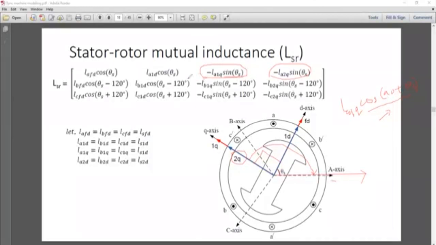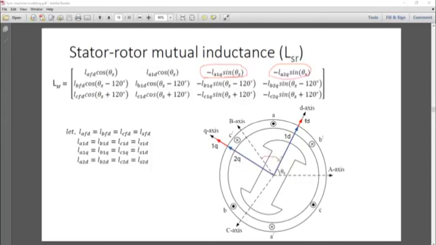What about LBFD? Between the B axis and FD axis, what is the angle between them? This is the B axis, this is the FD axis, and this is the angle.